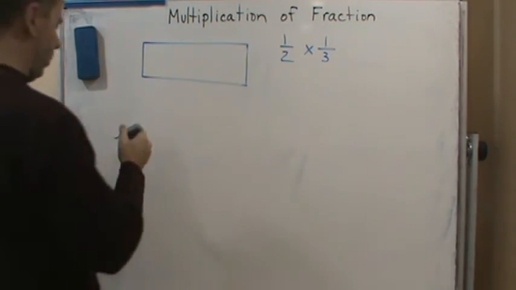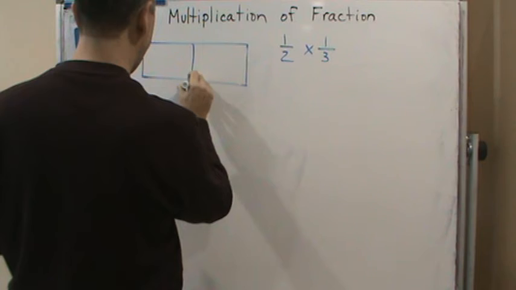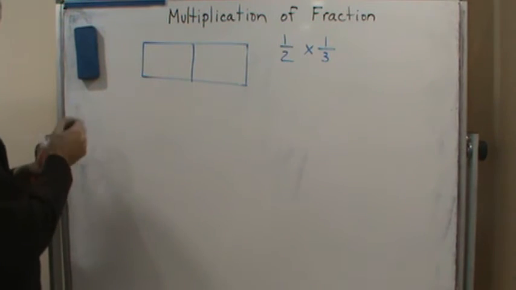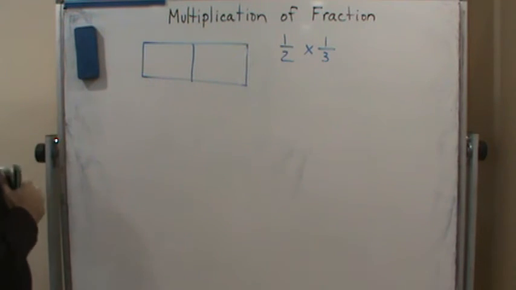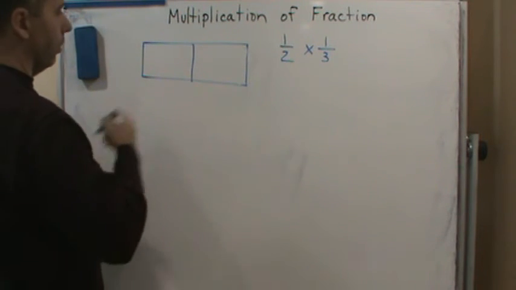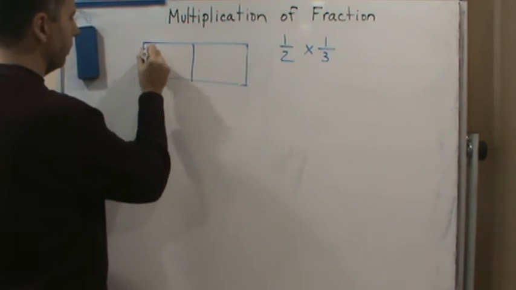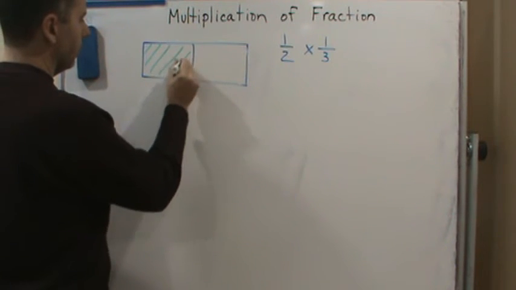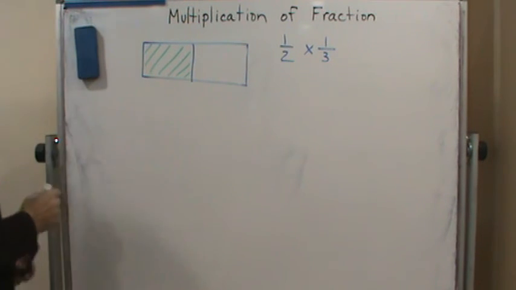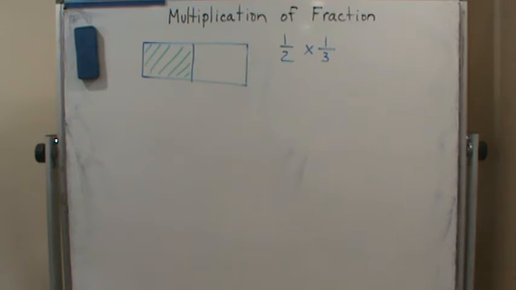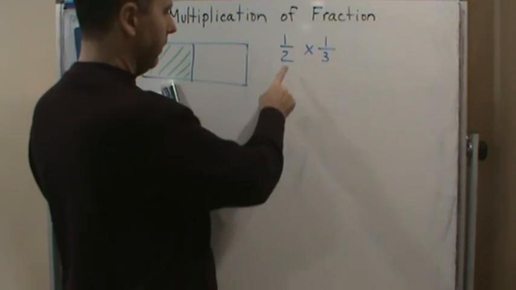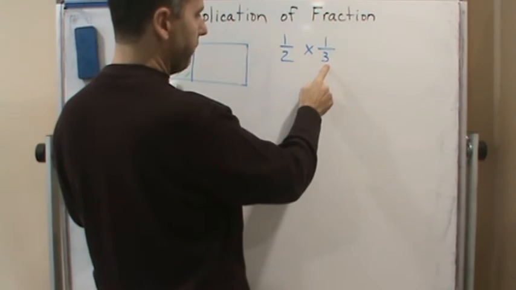Okay? So let's say a half. So here's 1/2. But let's say I have a half, but I want 1/3 of that.